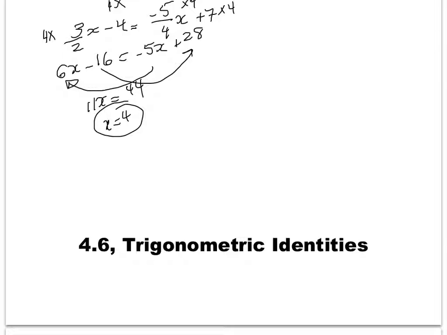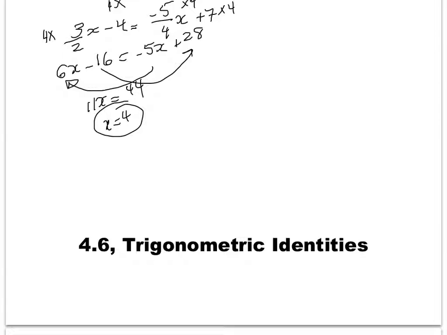Now, what do you call an identity? An identity is an equation like this one, which is true for any value of the unknown. Probably you haven't seen it in your life, identity. How can it be an equation that is true for any value of the variable?